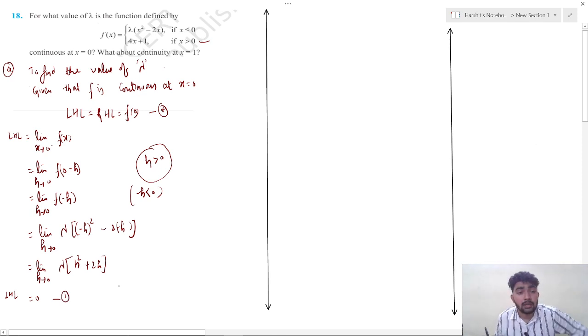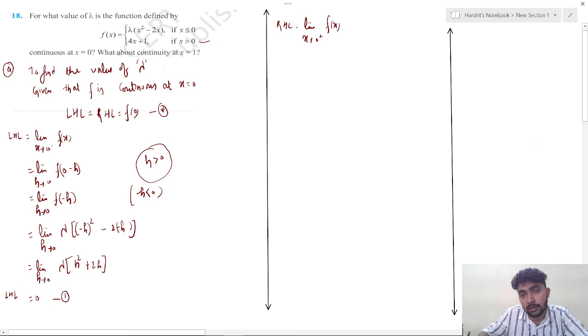Now we need to find the right hand limit. RHL we can find as limit x tends to 0 plus f of x, which is limit h tends to 0 f of 0 plus h, that is f of h.